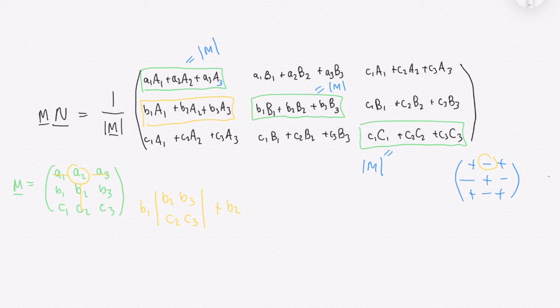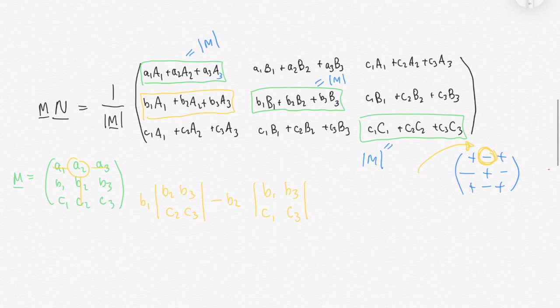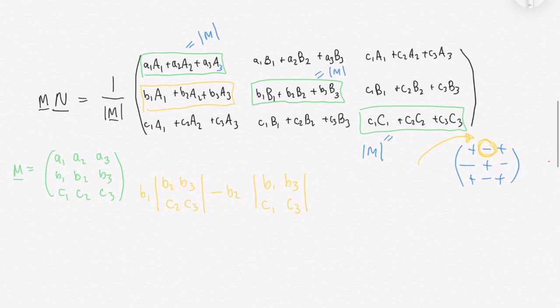So that is the determinant of b1, b3, c1, c3. But remember, these are signed, so we need the negative sign here. So this is a subtract. And finally we have b3 multiplied by the cofactor A3. Well, that has a positive sign, and it's the determinant of b1, b2, c1, c2.